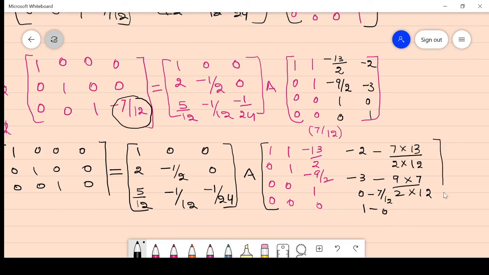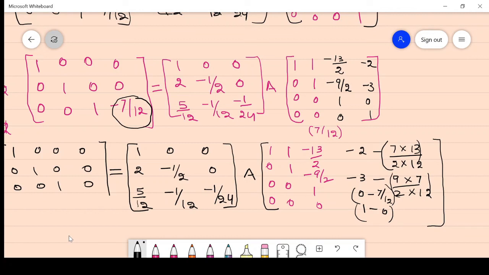So these are the 4 entries. Now this term, which is minus 7 by 12, and this term, which is 1 minus 0. So simplify.